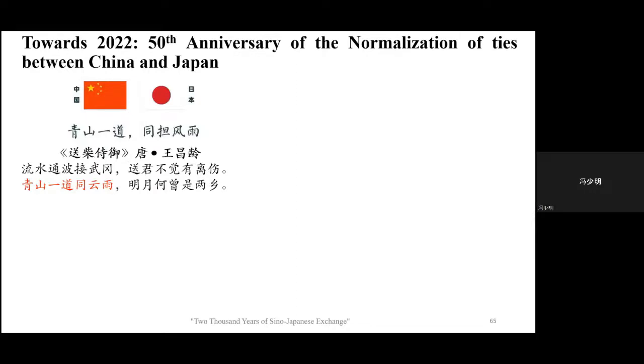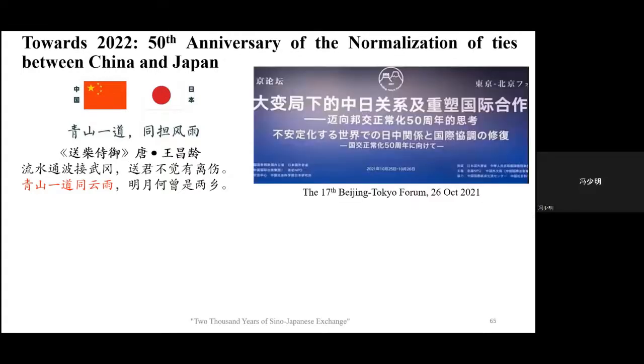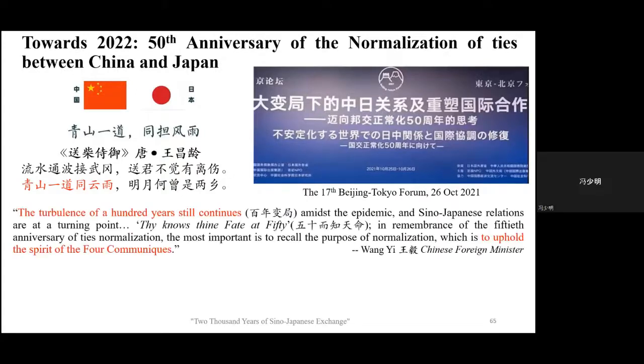So last year, when we talked about the 50th anniversary of the normalization of ties between these two countries, we have a poem from the Tang Dynasty, 青山一同，一道同云雨. This actually means that Chinese characters are not just the lingua franca between the two peoples, but the melding of the two cultures over 2,000 years.